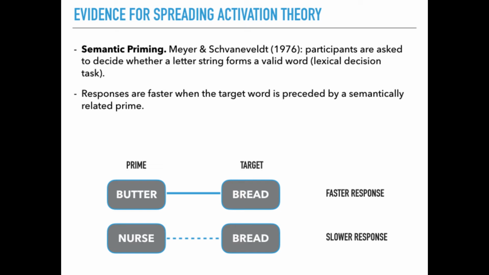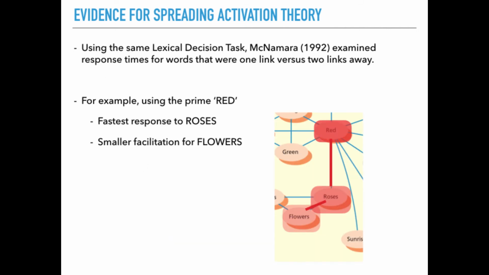And this is exactly what researchers find: when you've had that butter prime, people are much faster to respond when the target word bread is presented, presumably because this is then at some level activated and is more readily accessible. Similarly, using the same task and basic approach, researchers have also looked at the response time to words that are 1 versus 2 links away from the semantic concept.